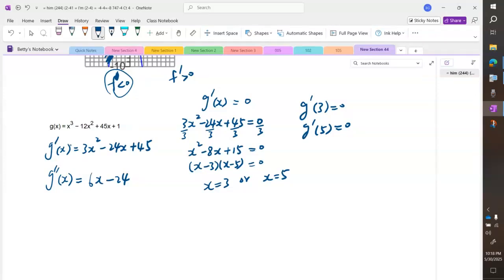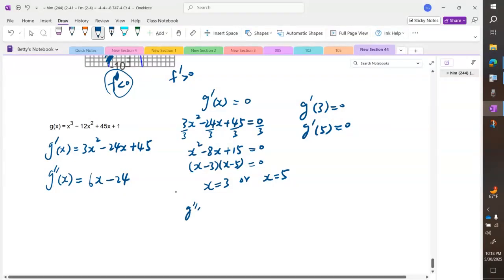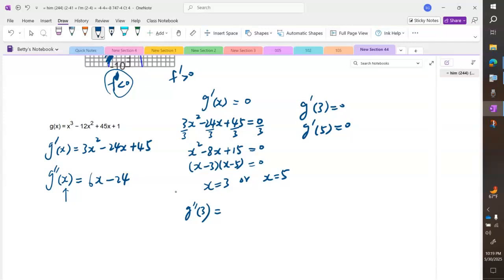Which one is the maximum, which one is the minimum? I'm going to use the second derivative test to make that decision, okay? Let me see what g double prime of 3 is. I'm going to plug in x equals 3 here. 6 times 3 is 18, 18 minus 24.